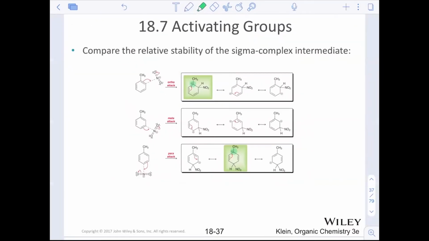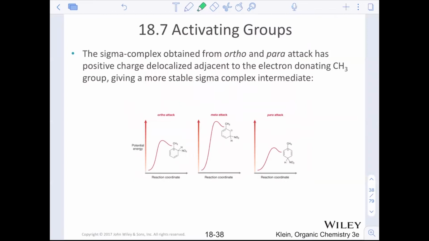The sigma complex obtained from the ortho and the para attack has a positive charge delocalized adjacent to the electron donating group, giving it a more stable sigma complex. And so those are the two intermediates that most likely form, the sigma complex from ortho and the sigma complex from para.